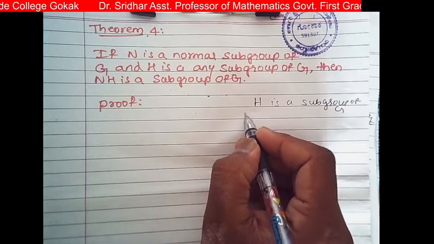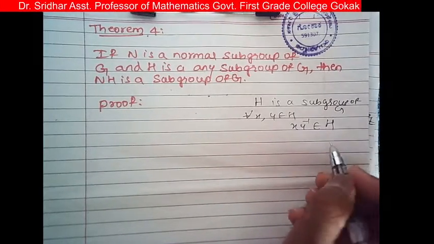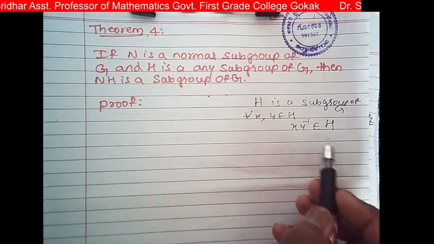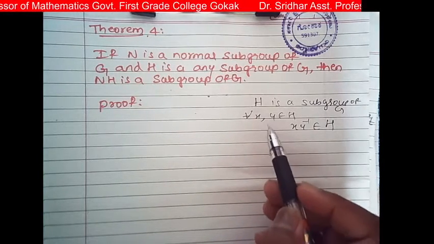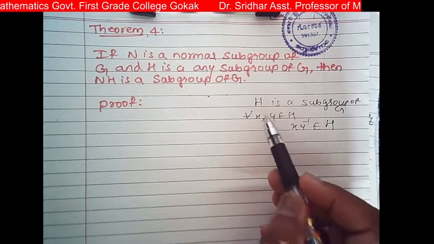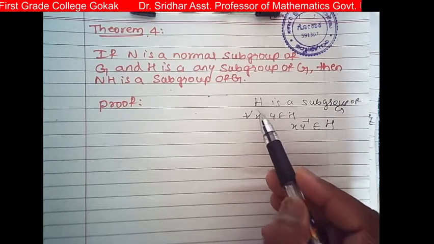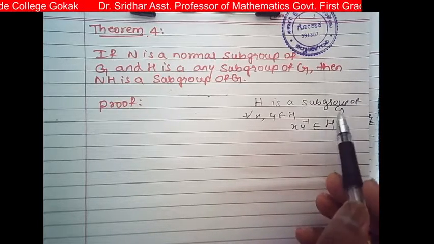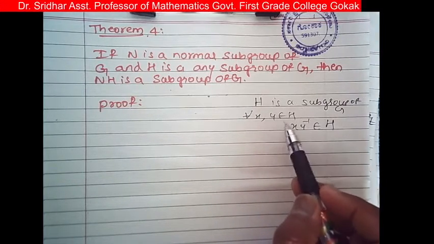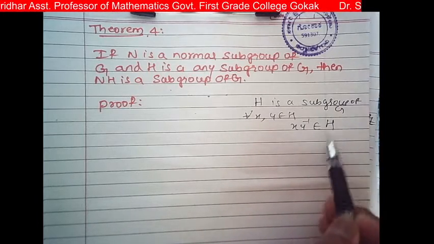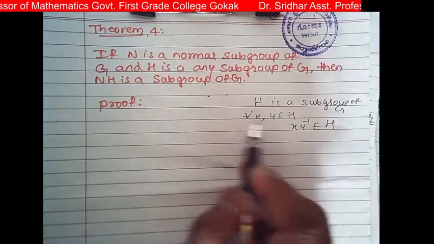We show that for all x, y belongs to H, xy inverse belongs to H. If this is proved, then this implies H is a subgroup of G. There is one theorem on this: a subset H of a group G is a subgroup if and only if xy inverse belongs to H for all x, y belongs to H. So if you prove this, then H is a subgroup of G. That only we are doing now.